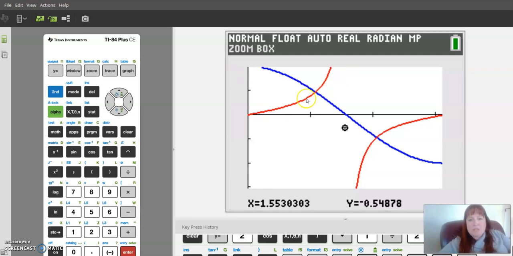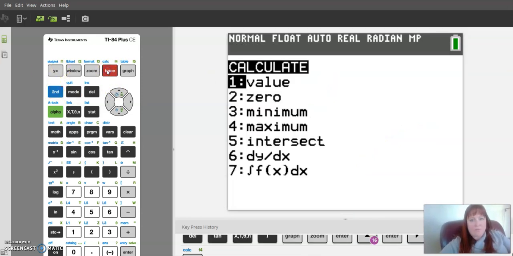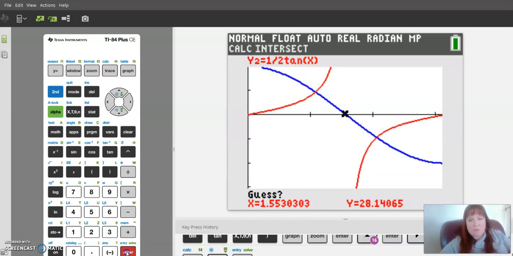The other thing we need to do is figure out where they cross. So let's do second calc and calculate their intersection. They intersect when x equals 1.081752 and y equals 0.9395649.